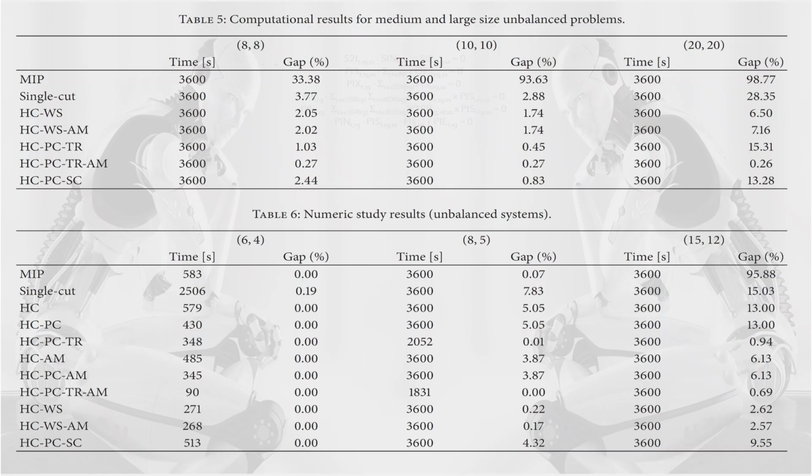As expected, MIP could not solve even the medium-size problem, n,m equals 8/8, to a tolerant gap within the given CPU time. Table 6 shows numerical study results of unbalanced systems. Here the number of plants and products is different. Again, HCPCTRAM performs best in terms of both solving time and gap.